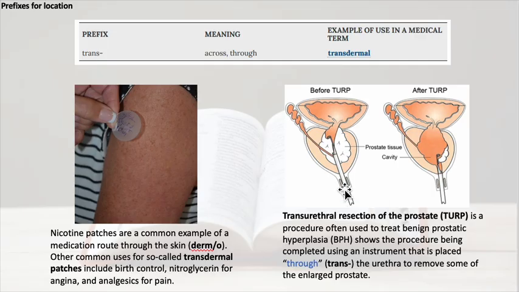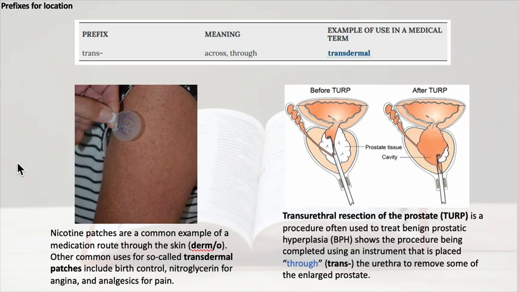So the instrument is placed through the urethra, and essentially excess material or the excess prostate tissue is removed through the urethra to allow for the normal flow of urine.